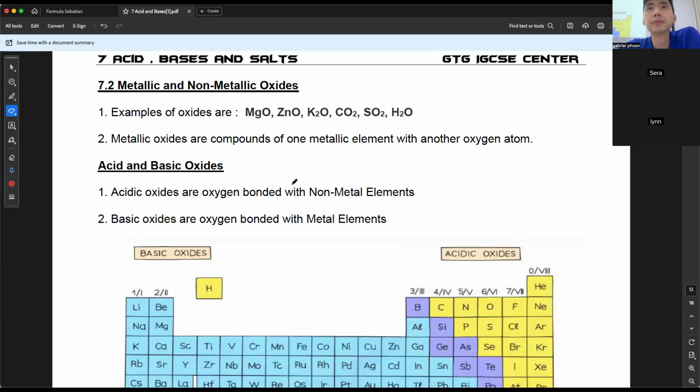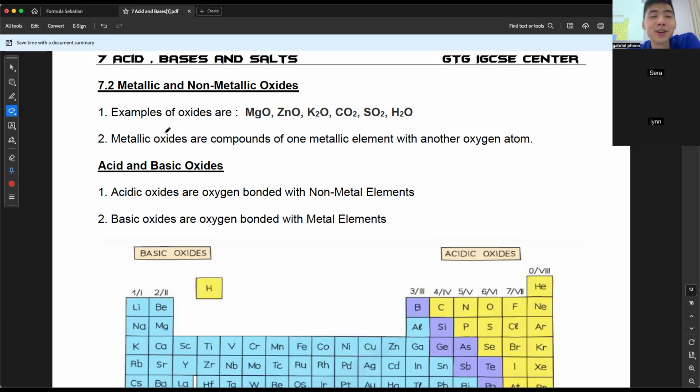Okay, guys, listen up. Once again, you'll notice that there's going to be metallic and non-metallic oxides. I said that metallic oxides will usually behave like bases, and non-metal oxides will be acidic.